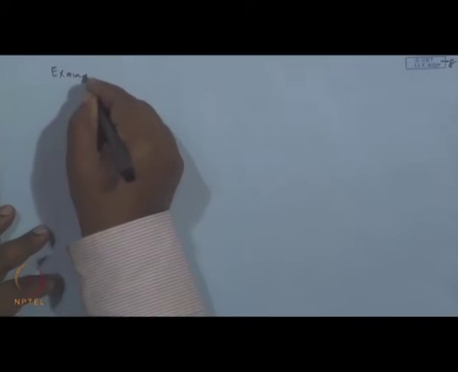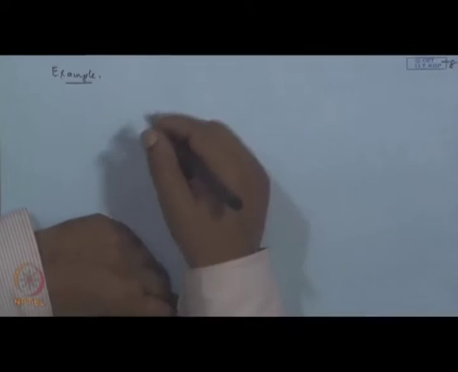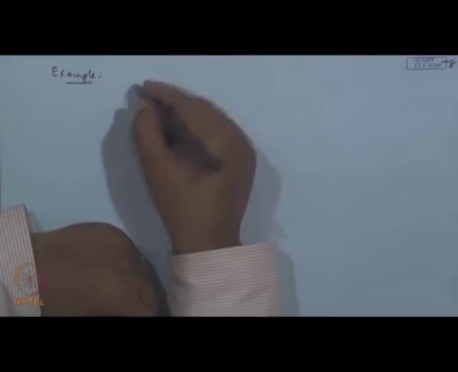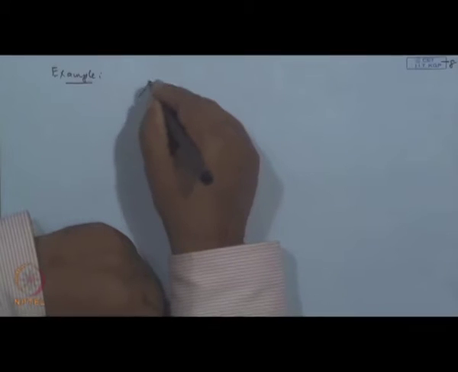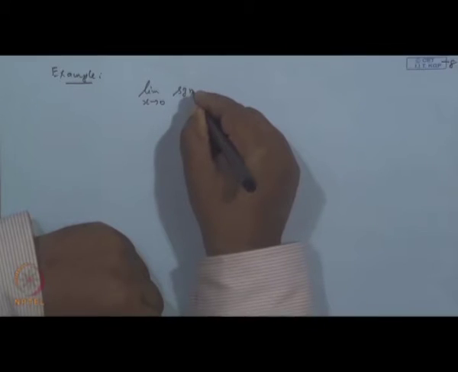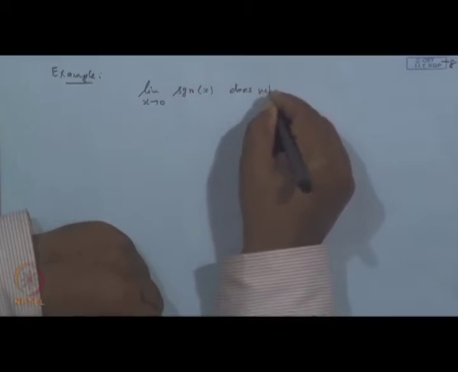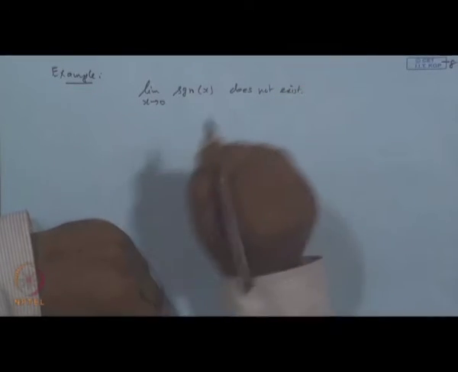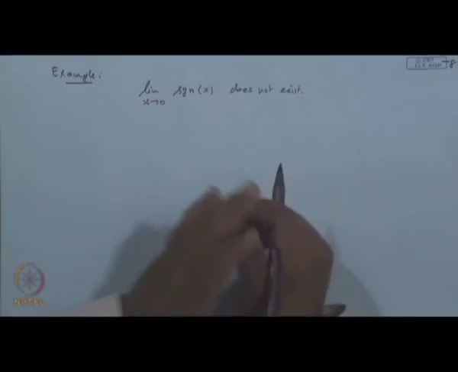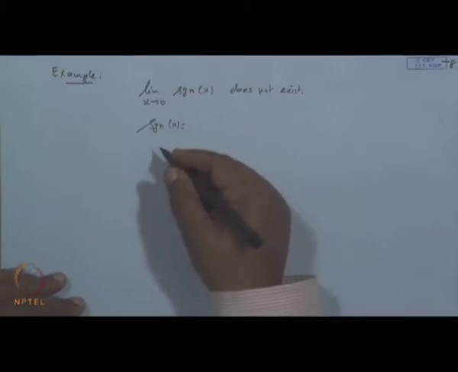So, first is the limit of this, obviously the limit as x tends to 0 of signum of x does not exist. It means what? First, what is the signum function? Signum function is basically the sign of x.